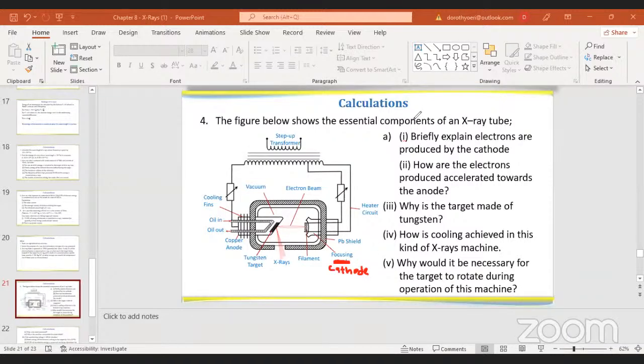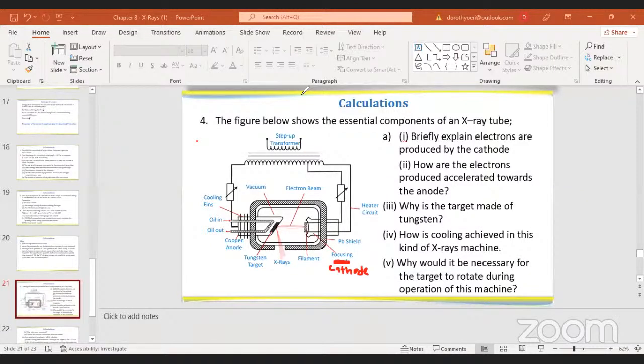So we have been asked there, briefly explain how electrons are produced by the cathode. The electrons are produced at the cathode, and then they are transmitted to the anode, where the electrons are suddenly stopped, which leads to the production of X-rays.